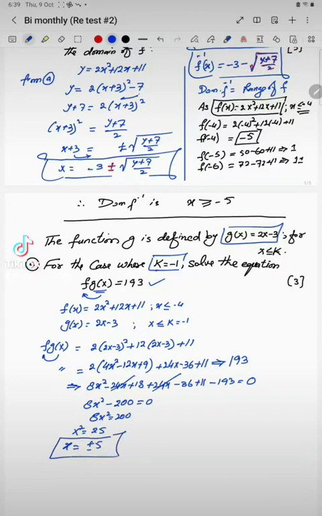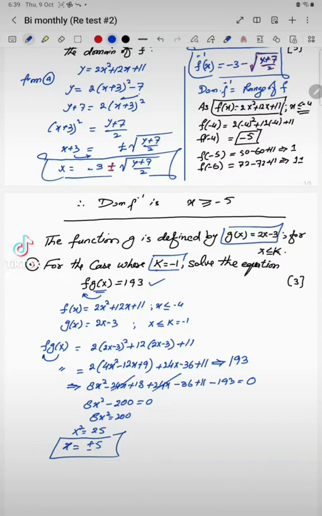Now again we need to make a selection. As the given domain of g of x is x less than or equal to minus 1, it is not plus 5, it must be less than minus 1.